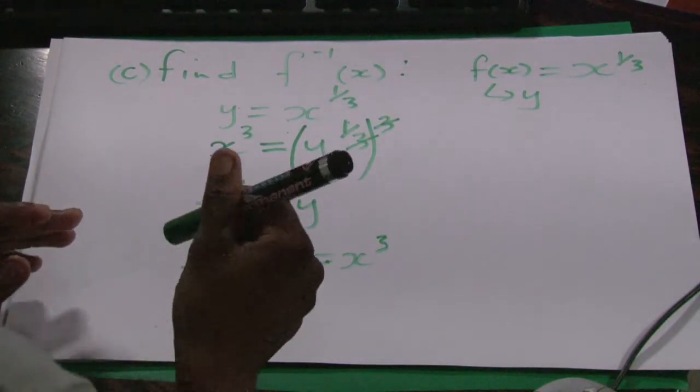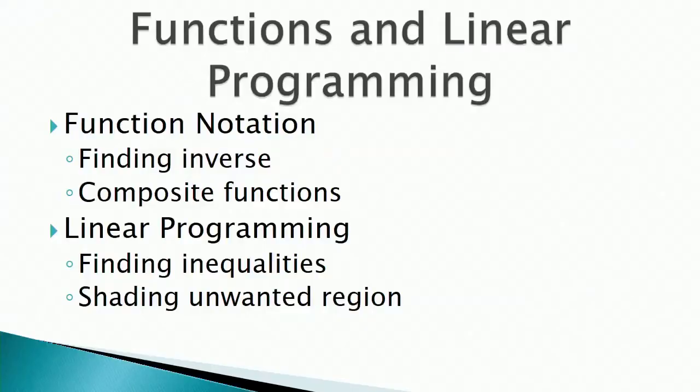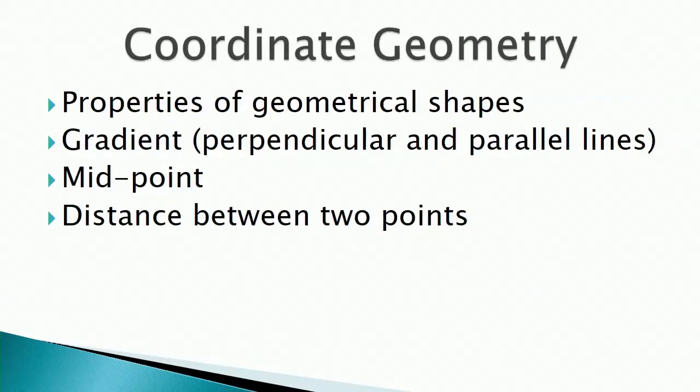Alright, this makes the end of the examples on this topic. We are moving on to the next topic, which is coordinate geometry. Under coordinate geometry, I advise you to know the properties of geometrical shapes.